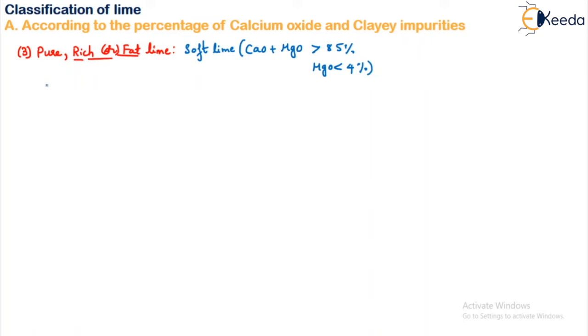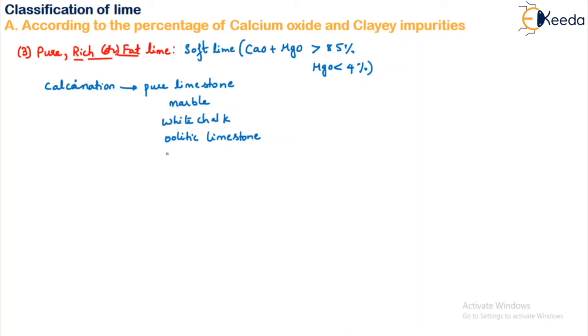This is obtained by the calcination of either pure limestone or marble or white chalk or oolitic limestone or calcareous tufa. This type of lime is also called whitewashing lime.